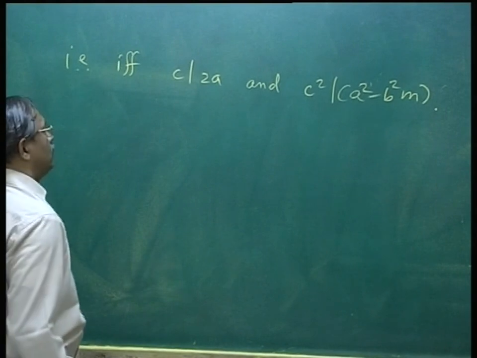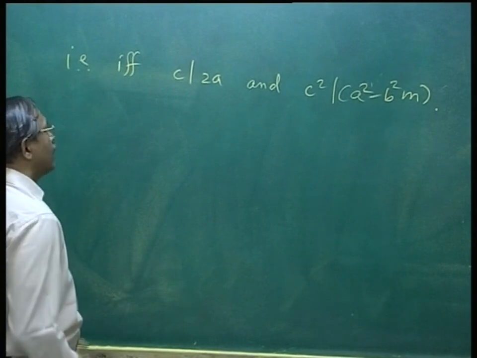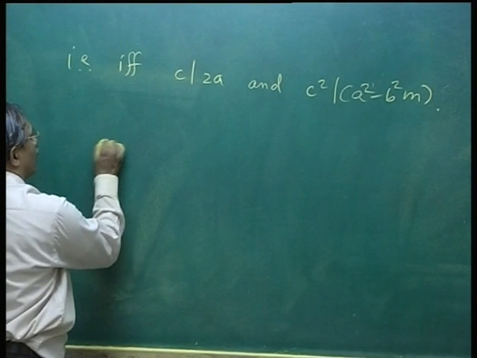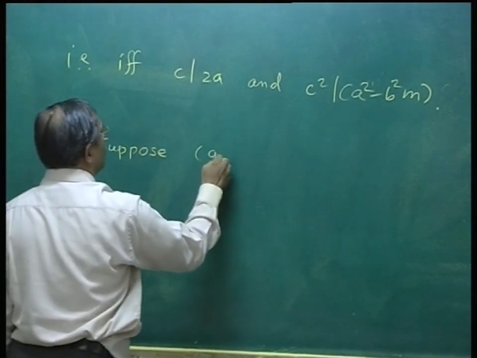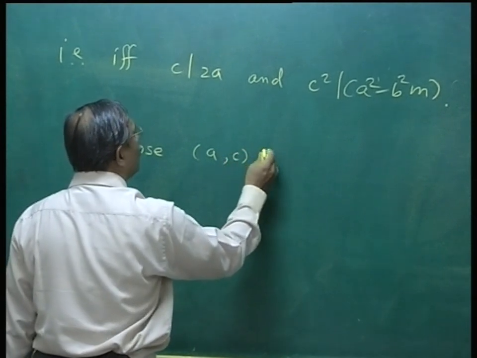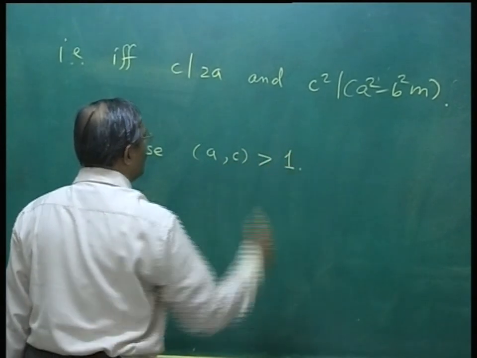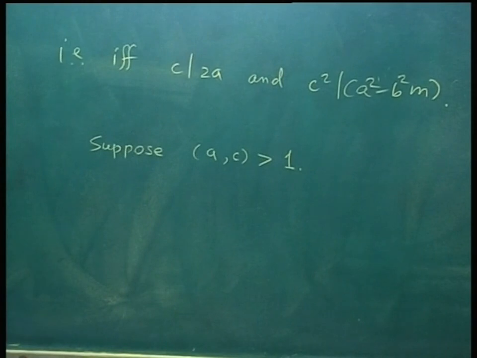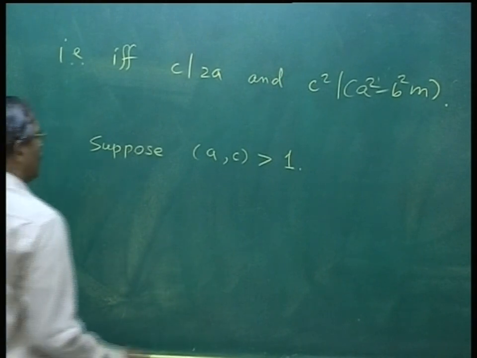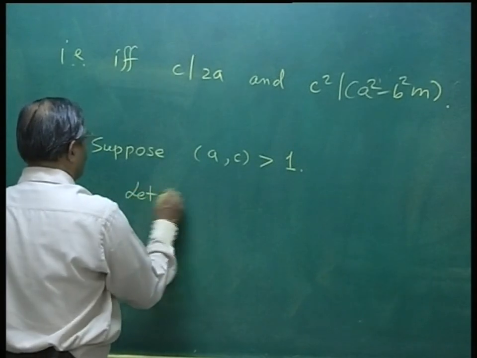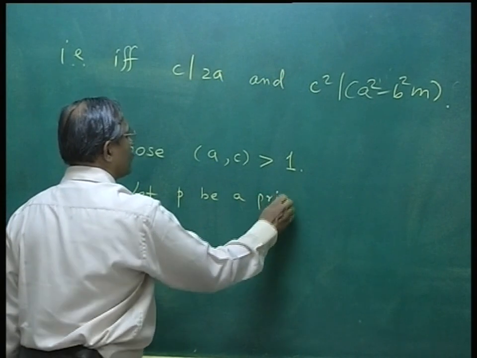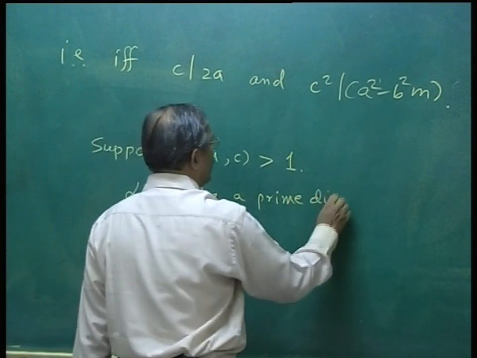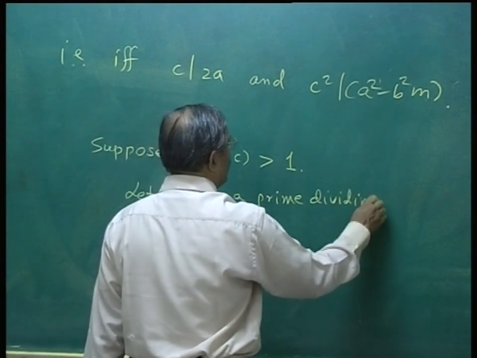Now let us show that a and c are coprime. So suppose gcd of a and c is bigger than 1. So let p be a prime dividing gcd of a and c.